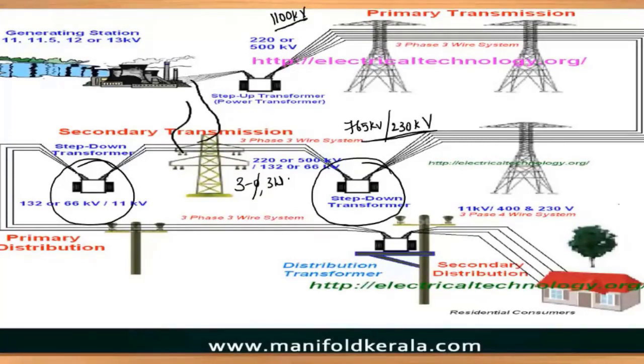From the substation, the feeders will go to the distribution transformer present in your street. Most of the time the feeder voltage will be 11 kV. In some cases, the distribution feeder voltage can be 33 kV. It will step down from 11 kV to 415 volts. Understand? So this is how the entire power system operates.